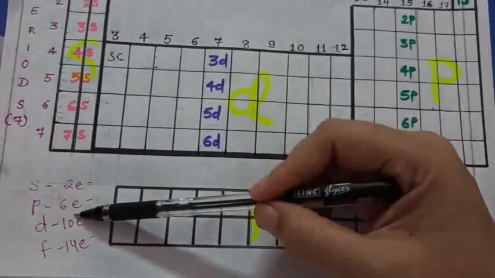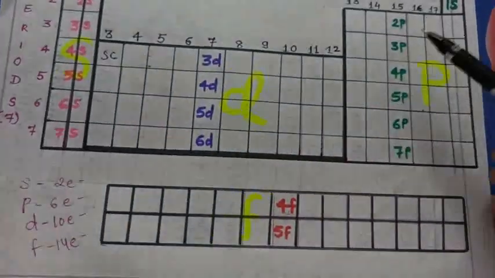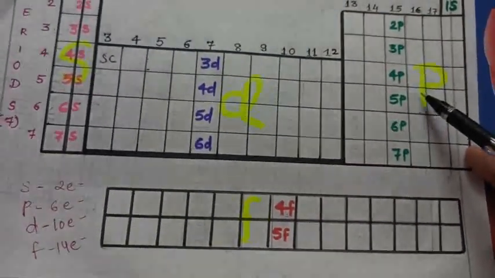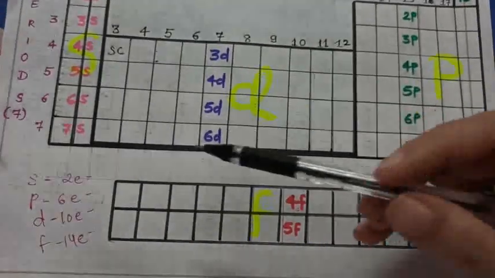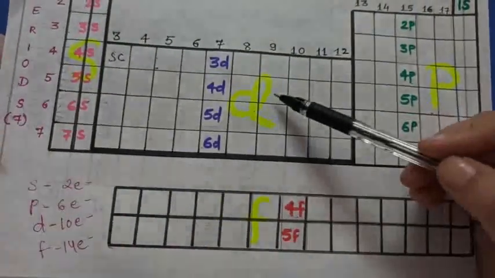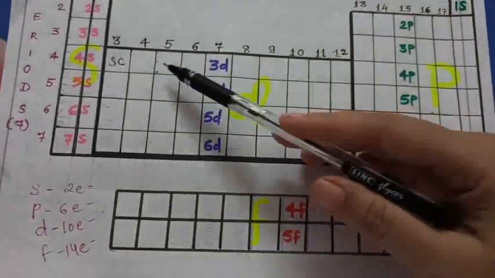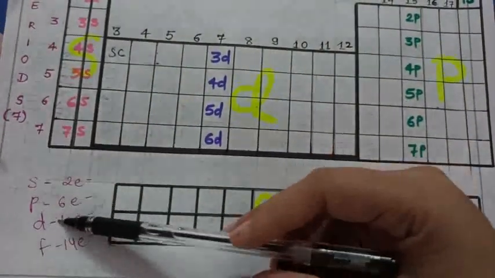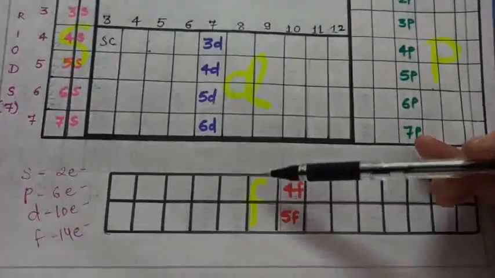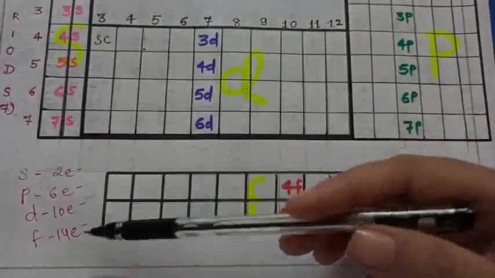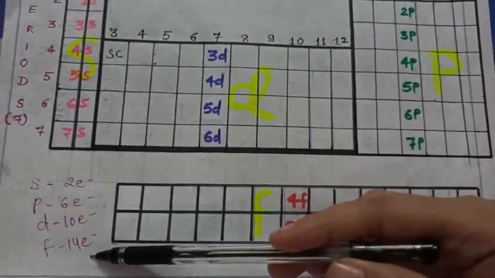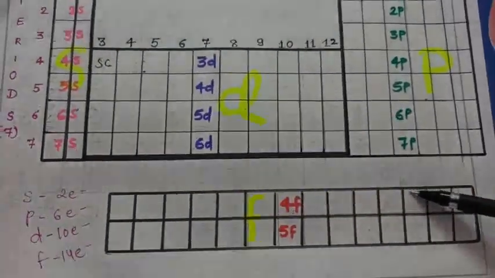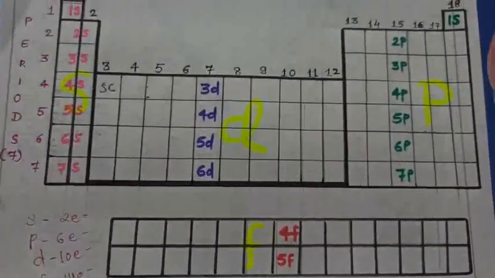The P orbital can hold a maximum of 6 electrons. That is why in the P block there are 6 groups. Similarly for D, the D block can hold 10 elements in a row because the D orbital can have 10 electrons. And the F orbital can hold a maximum of 14 electrons. That is why there are 14 columns.